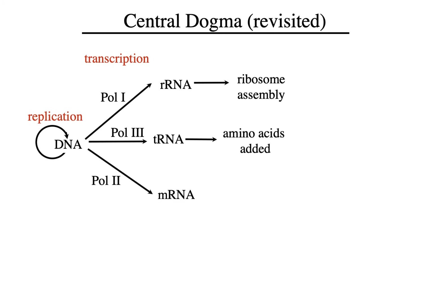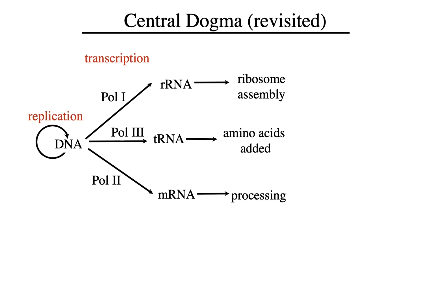Next, RNA polymerase II will transcribe only mRNAs, and so that one's specific for messenger RNAs. Those are processed into mature mRNAs by adding that cap, the 7-methylguanosine. If they have introns, those will be cut off, and often a poly-A tail will be added to them as well.